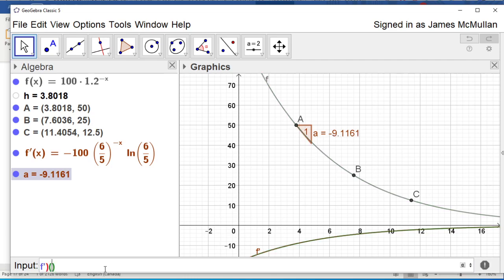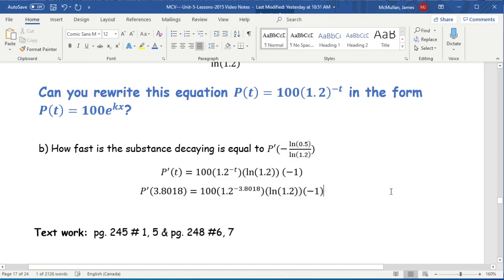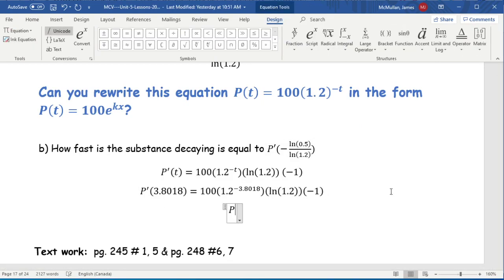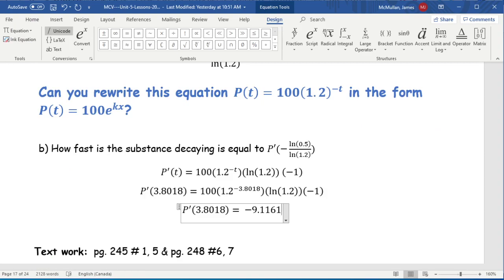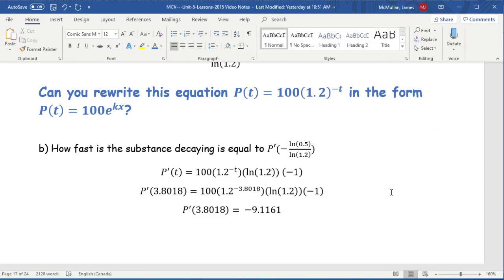If you plug our number into the derivative, you get negative 9.1161. So we get P prime of 3.8018 is equal to negative 9.1161. Of course, it's a rate of change, so we want to write the answer in the proper format.